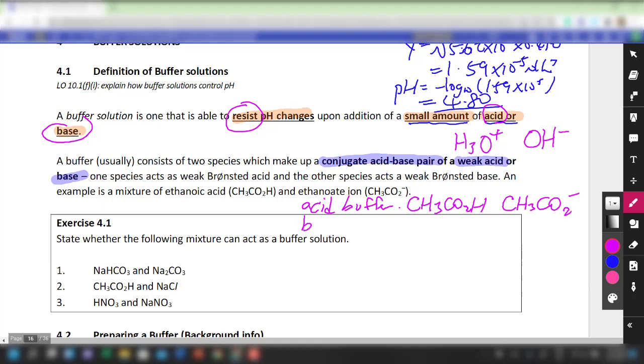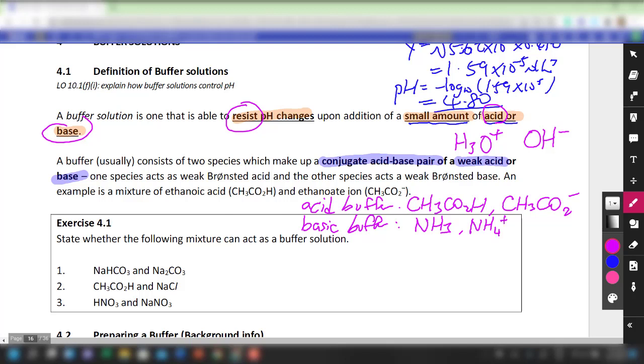For a basic or alkaline buffer, what you are familiar with would be aqueous ammonia, and of course its corresponding salt or conjugate acid, in this case ammonium.